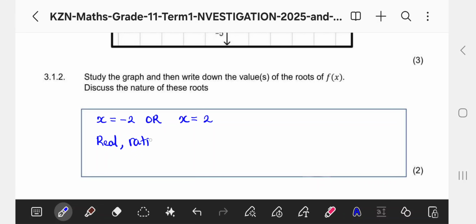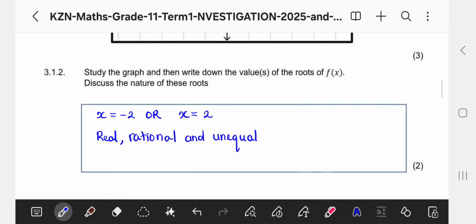They are rational because they can be written as a fraction, and they are unequal because they are not the same value. So remember, you guys, when you are giving the nature of the roots, there are 3 things that you're checking: whether it's real or non-real, whether it is rational or irrational, whether it is equal or unequal. Okay, let's go on.